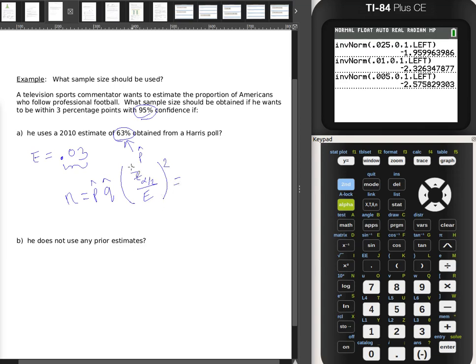And we would like to use here for alpha the one that goes with the 95%. Can you tell me what is the alpha value that goes with 95%? Of course, you said the right thing, which is 0.05. So that means alpha divided by 2. Why don't we just plug in some values that we have. The p-hat is 63%, so that goes 0.63.